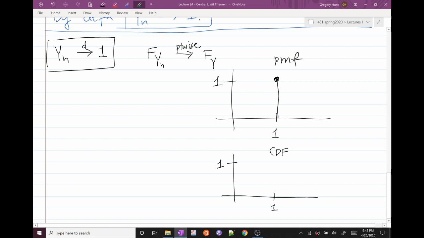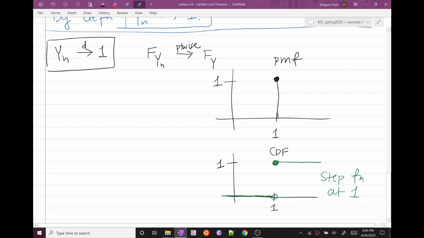Well, if we're less than 1, it's just going to be 0, and then it's going to jump up to 1 at 1. And so it's just a perfect step function at 1.